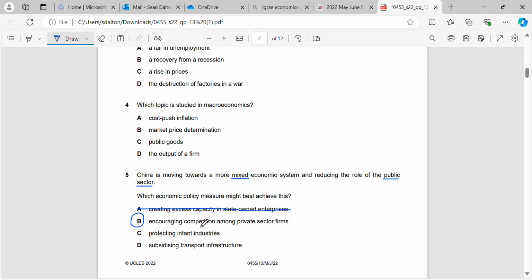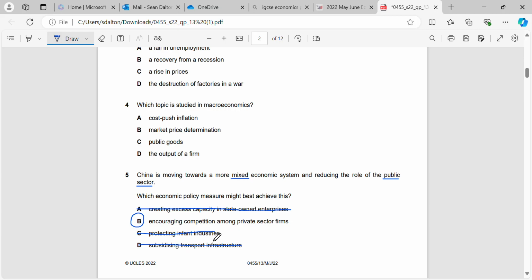That's how it works. And by encouraging competition, we're going to create a greater level of choice for our consumers, or for people in our society, and we're going to reduce the prices for them as well. We wouldn't protect infant industries, and we wouldn't subsidise transport infrastructure.